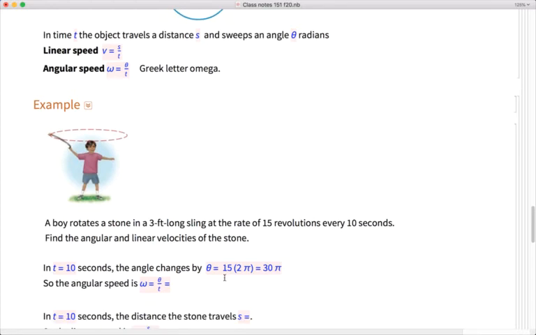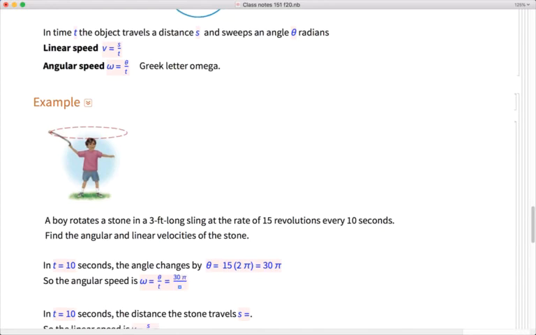So the angular speed is this total change in the angle divided by how long it took, and that was 10 seconds. So this is a fraction, 3 pi radians per second. I just wanted to get my units right there.